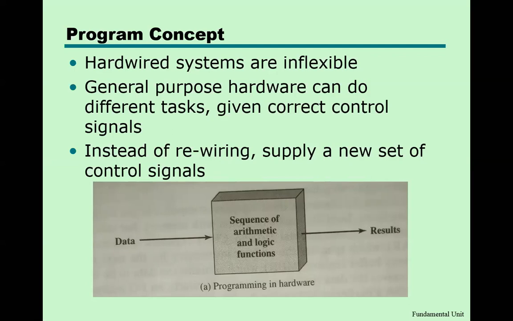But if you compare it with the computer, the computer is very flexible. You can not only perform mathematical operations, you can perform different types of operation with the computer. Again, it depends upon your program. So general purpose hardware can do different tasks given the correct control signal.